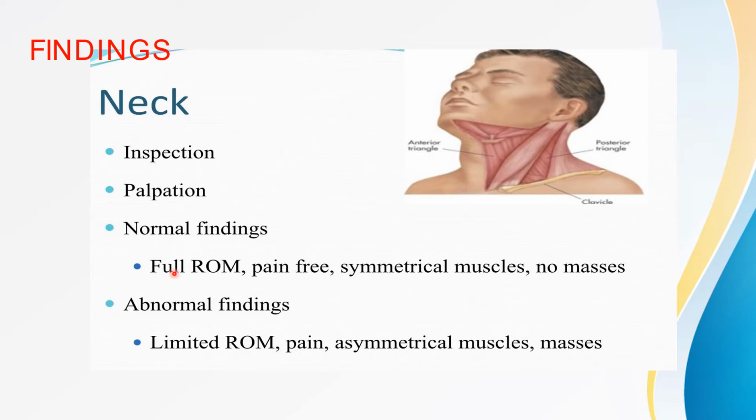Abnormal findings could be limitations in the range of motion, presence of pain as the patient moves his or her neck, asymmetrical muscles, and presence of a mass during the assessment.